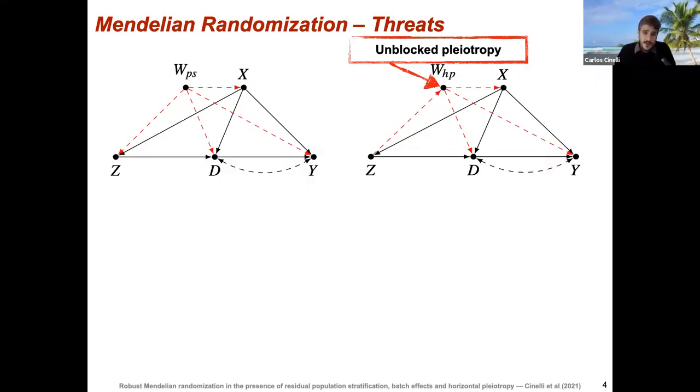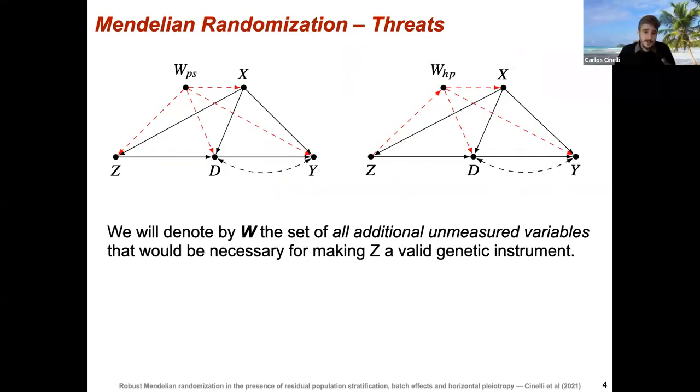And in general, these biases will often be acting simultaneously. You can have both residual confounding and violations of the exclusion restriction, which is pleiotropy. So here we're going to denote by W the set of all these additional unmeasured variables that would be necessary for making Z a valid genetic instrument.